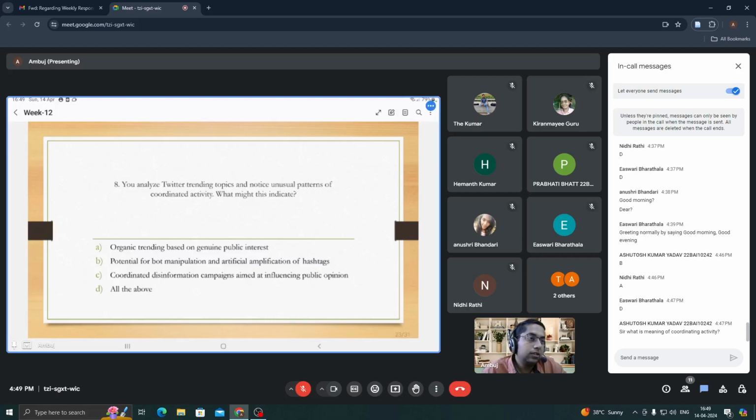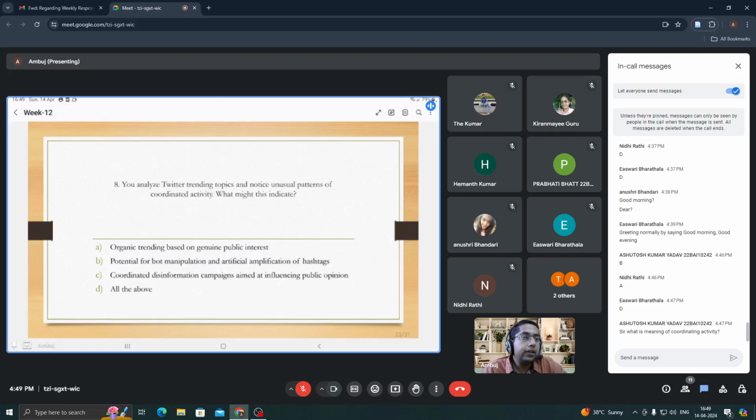Ashutosh has asked a question: sir, what is the meaning of coordinating activity? What do you mean by coordination? Coordination is when things are done together, like teamwork.